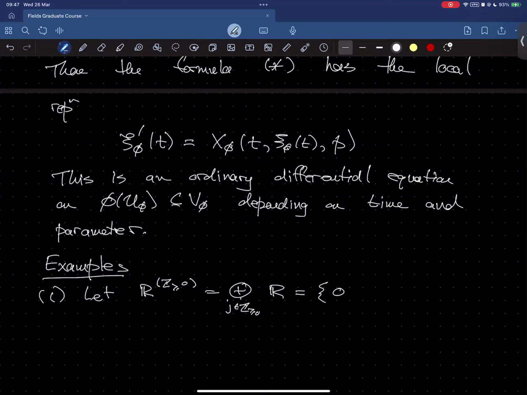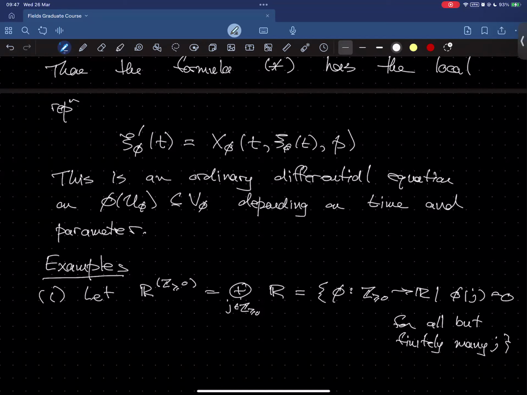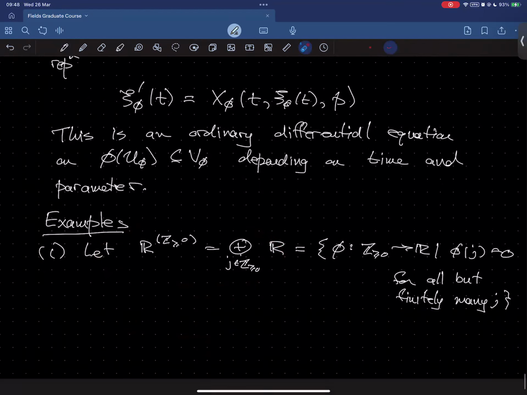So it's going to be the set of mappings phi from the non-negative integers into R, such that phi of j equals 0 for all but finitely many j. Okay, so that's what this symbol means, and that's what the symbol means too, because I'm telling you those are the same thing. All right.